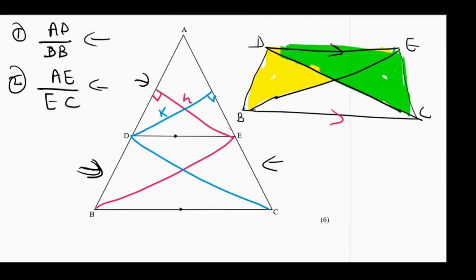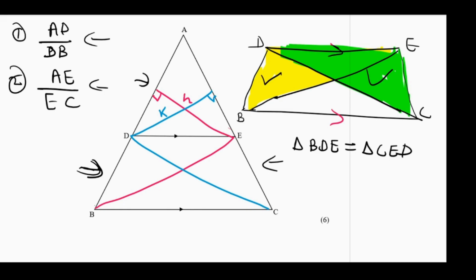These two triangles are between parallel lines and share the same base, which means triangle BDE is equal to triangle CED. So this triangle that is green and this triangle that is yellow are equal because they are between parallel lines and share the same base.